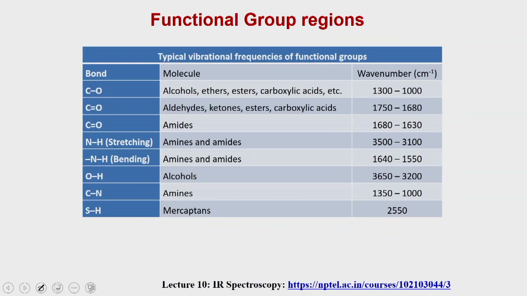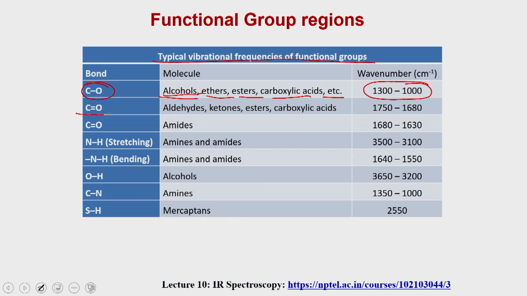Now, what you see is the vibrational frequencies of the functional groups. What you see is alcohol. The C-O bond is present in alcohol, ether, ester, carboxylic acid, etc., and it absorbs in the range of 1300 to 1000 depending on the different types of molecules.